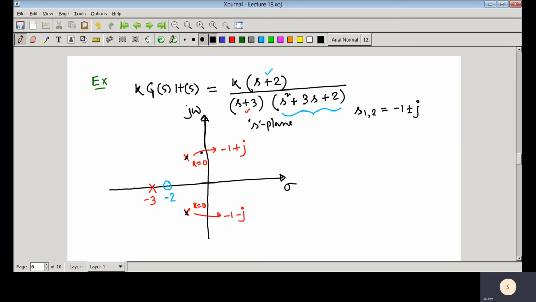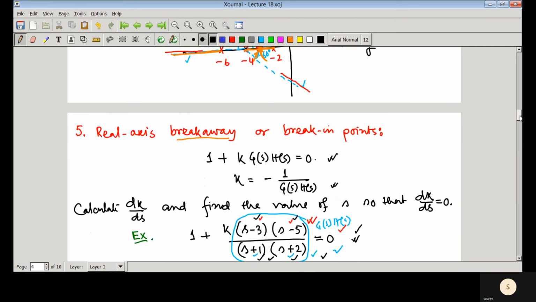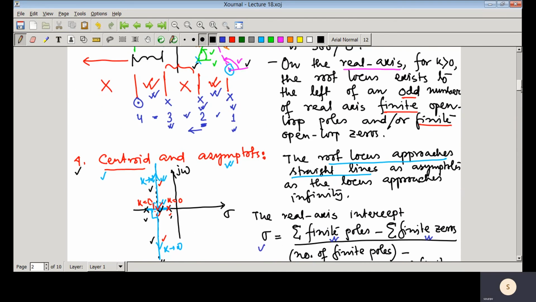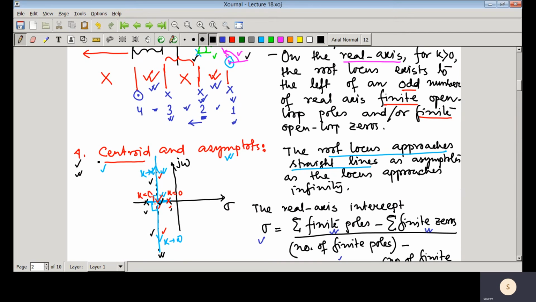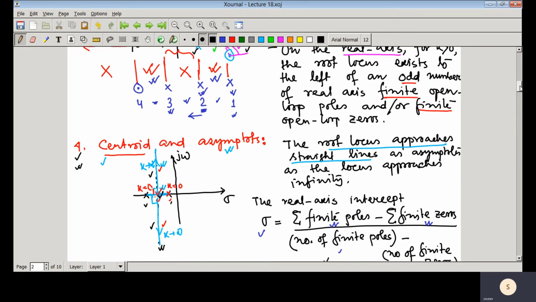And if we just see, whenever your open loop transfer function is like that, it has 3 open loop finite poles and one finite zero at minus 2, and you can see here that it has 2 zeros at infinity. And from rule 4 we have seen that whenever it has zeros at infinity, we need to find the centroid and asymptotes.